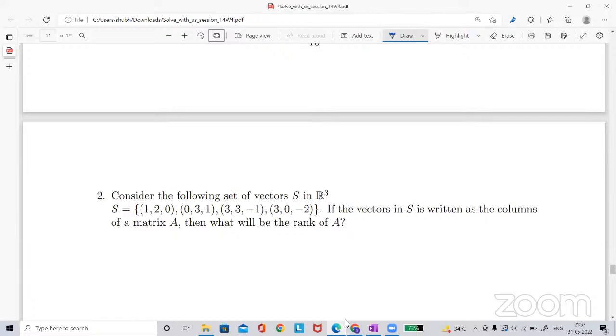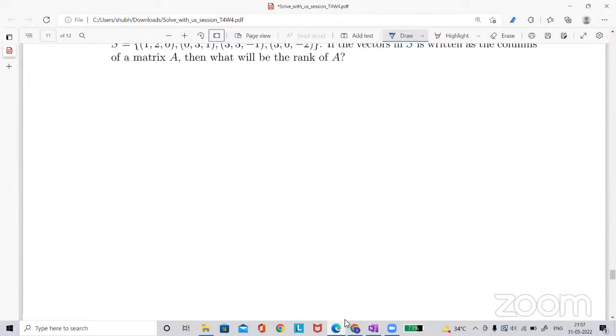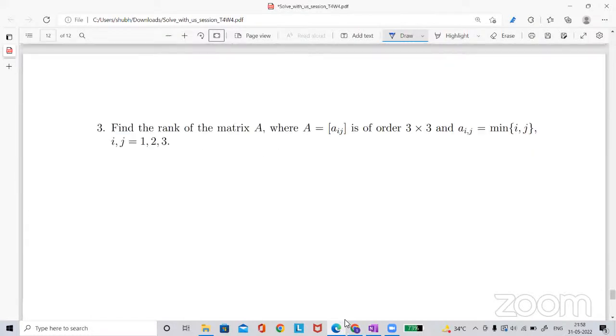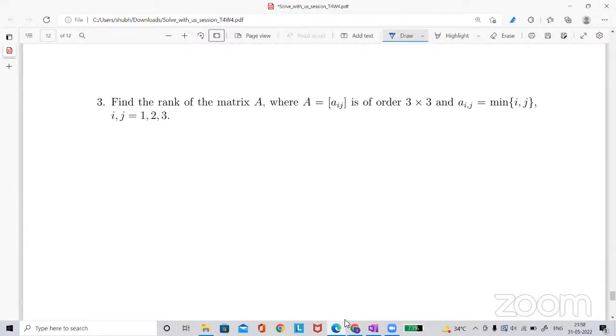You use the Gauss elimination method to change it into row echelon form and count the number of non-zero rows. That is the rank of the matrix. Should I convert it into row echelon form or reduced row echelon form? Both will give the answer, but row echelon form is enough.